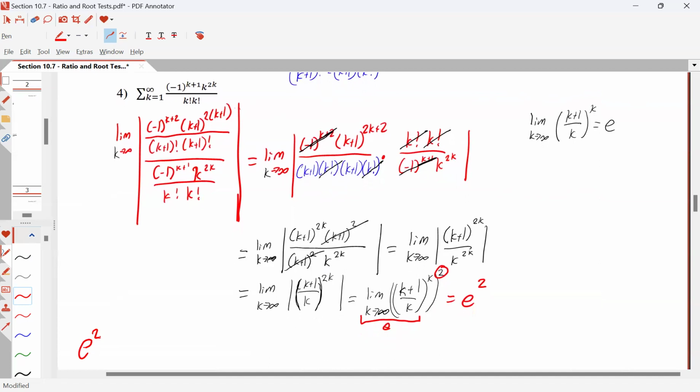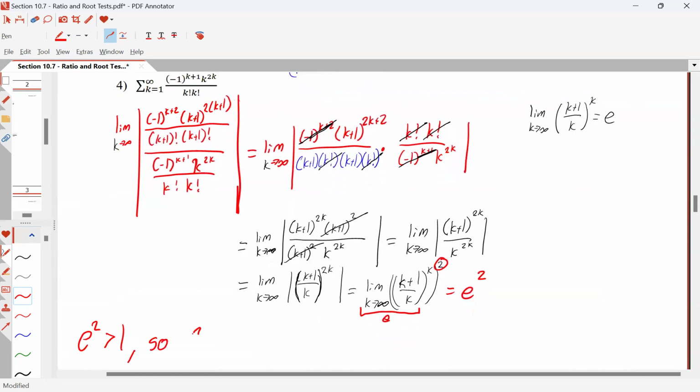We compare e squared against 1. E squared is bigger than 1, because it's 2.7 yada yada squared. So it's going to be something bigger than 1.